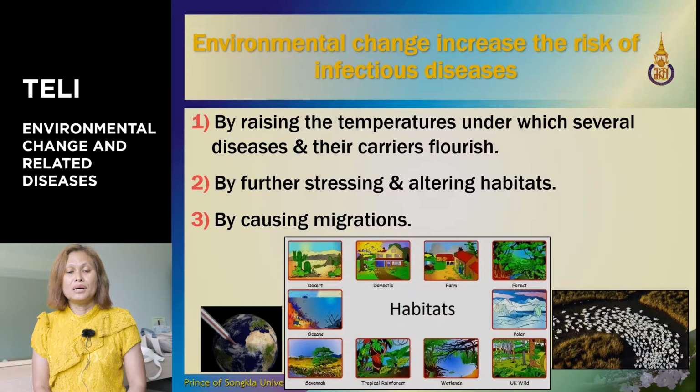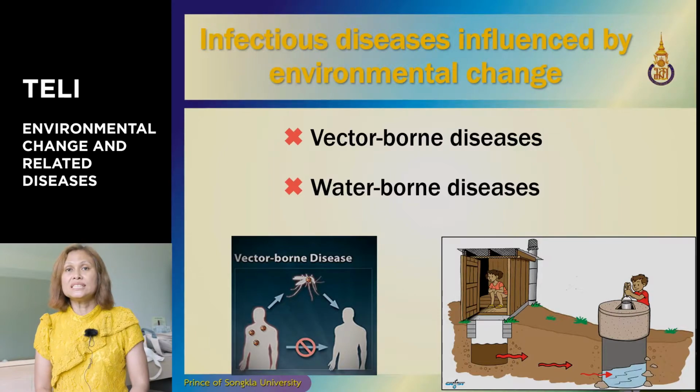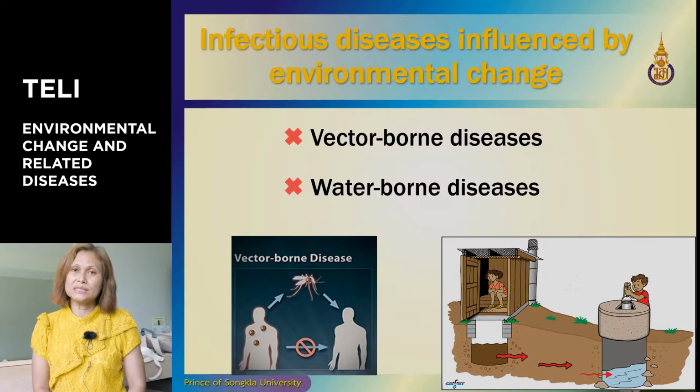And the third, by creating migrations. Infectious diseases influenced by environmental change are mainly vector-borne and waterborne diseases. So, I will talk about these diseases in the following slides.